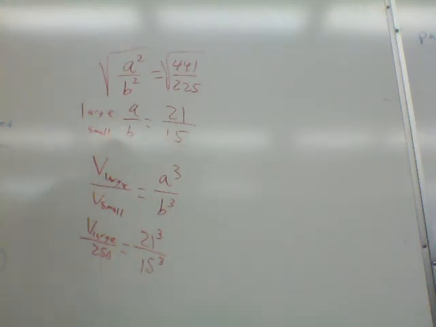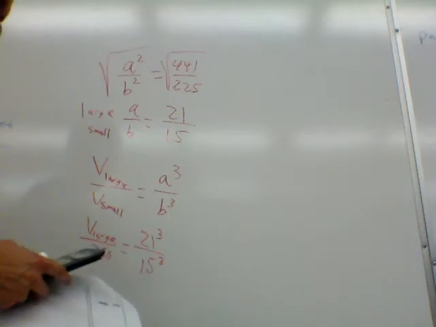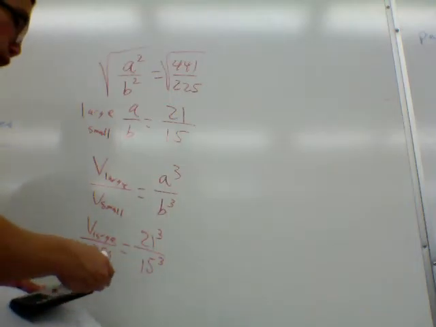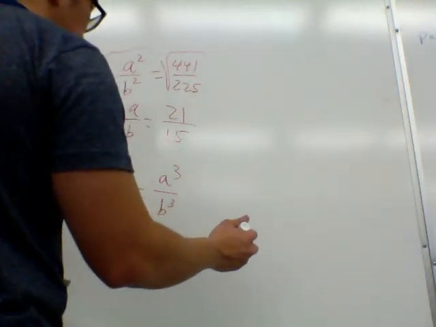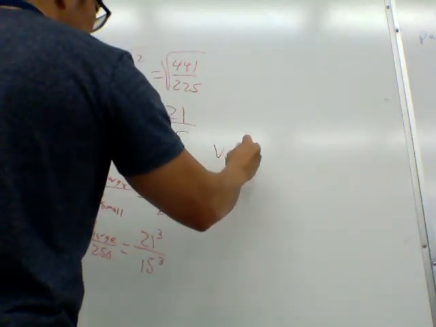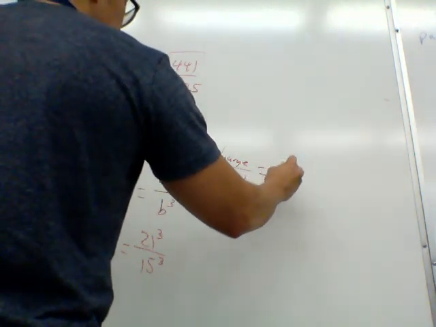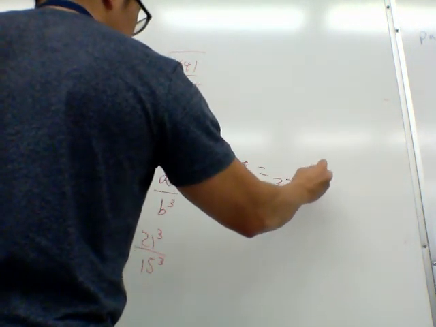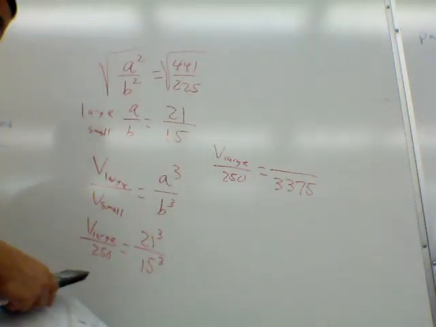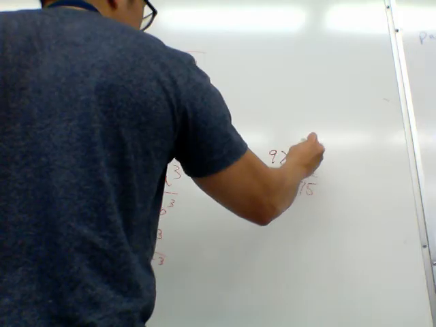And then I multiply this out. So if I work this out, 15 cubed is 15 times 15 times 15, and that's 3,375. So I'm actually going to simplify it first so that you understand what's happening. So I'm just going to work out what 15 cubed is and what 21 cubed is. That's 9,261.